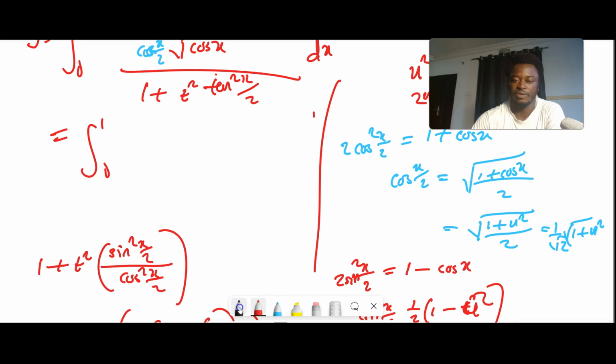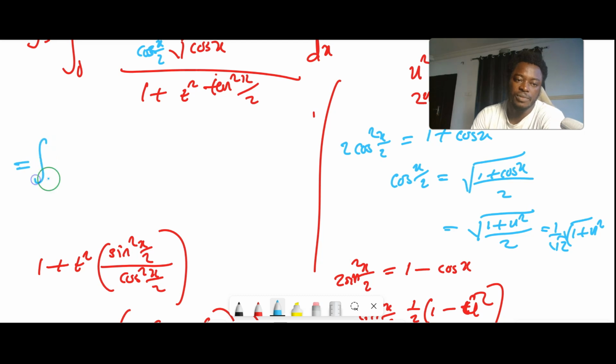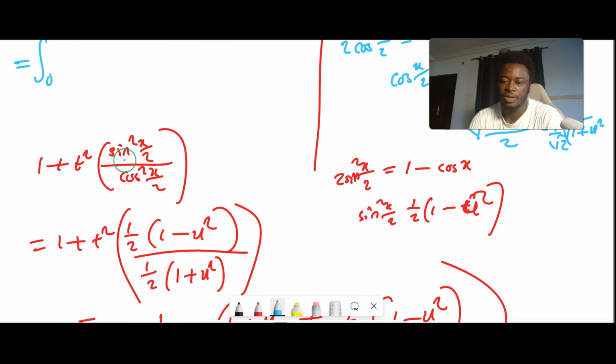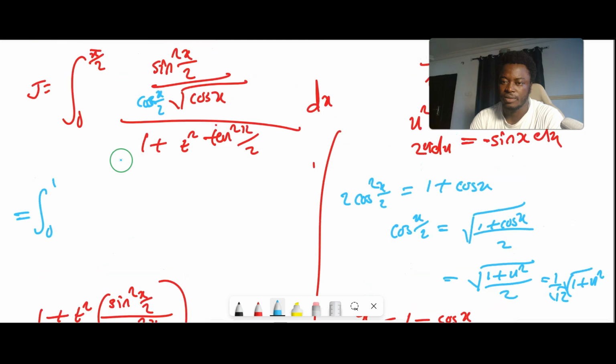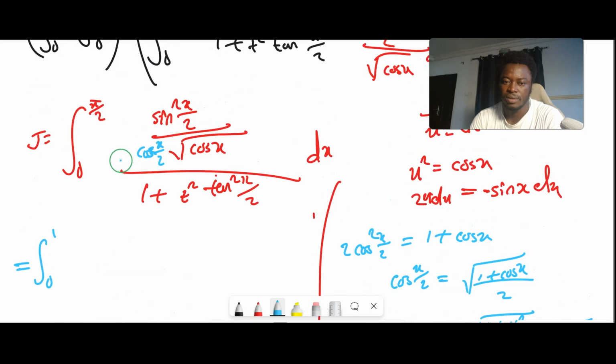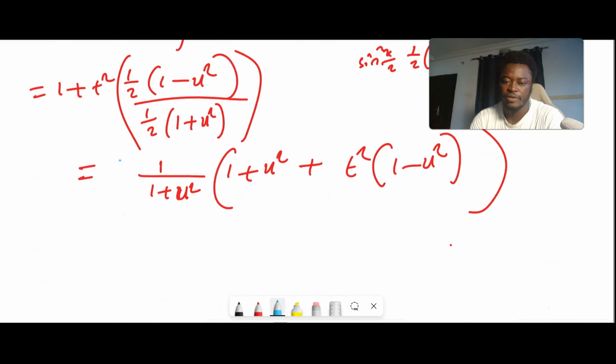I think we still have some space left, and then you would have the integral from 0 to 1 of, first, at the top, the numerator.